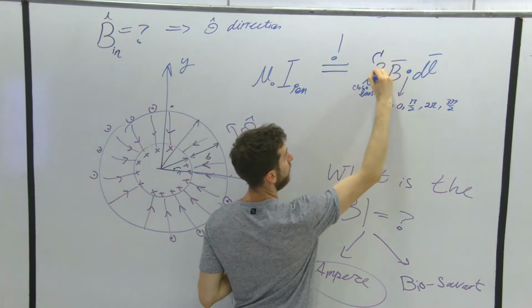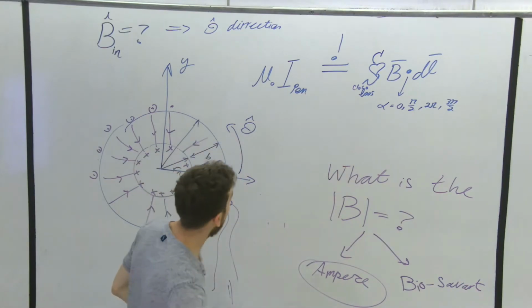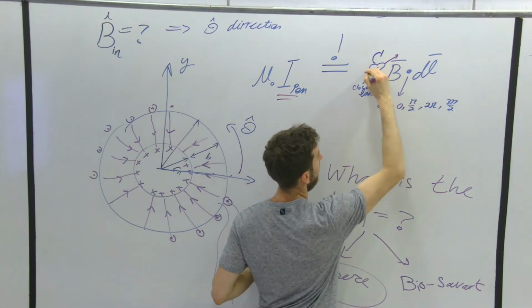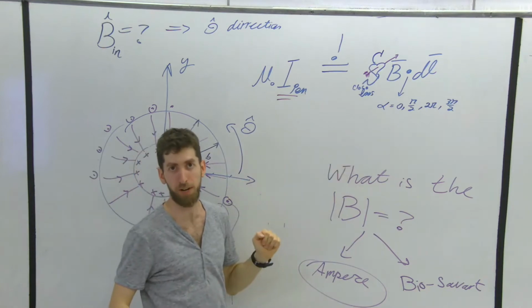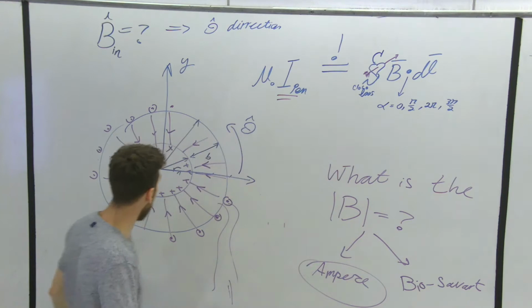So if I choose, for example, a closed loop, which I can do, so I enclosed is actually gonna be all the current that is actually going inside this loop and penetrating it, okay? Perfect. So let's choose a direction.